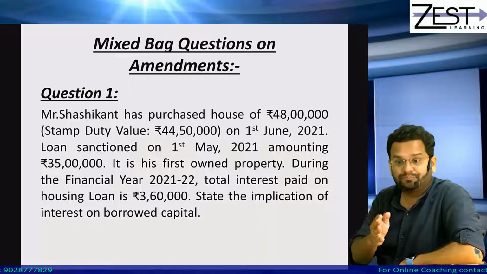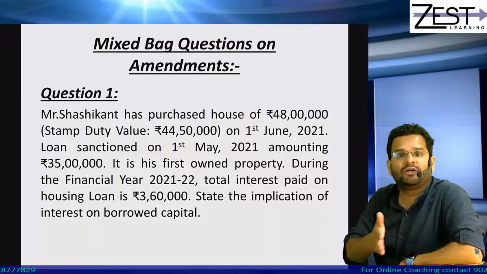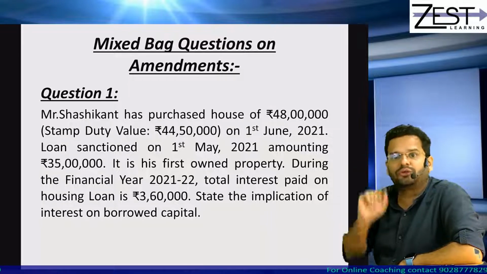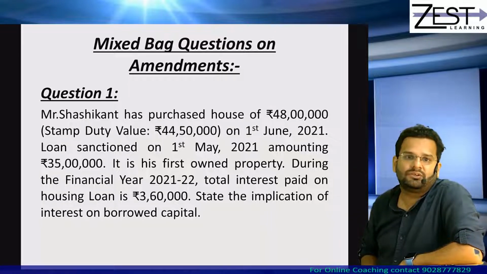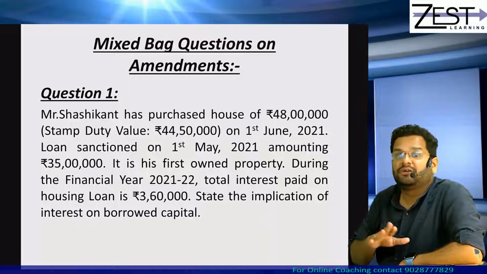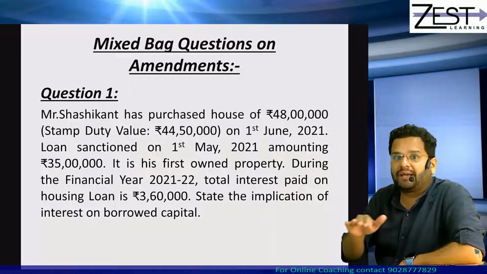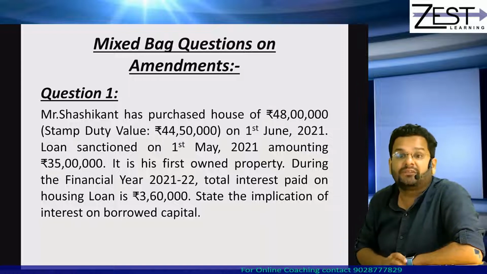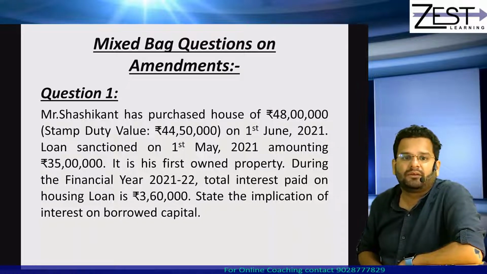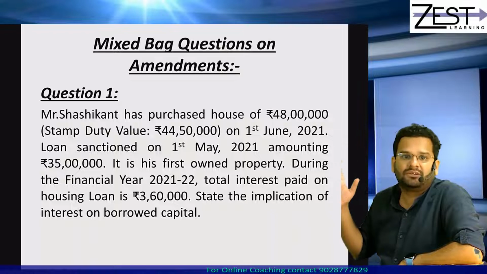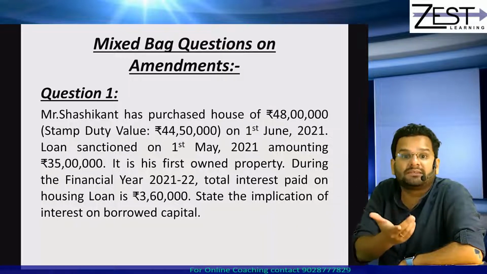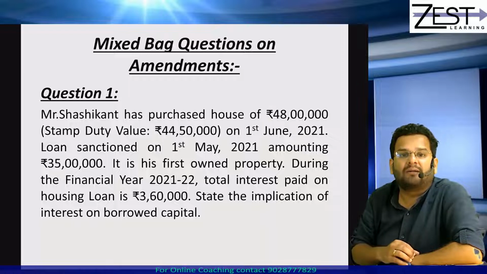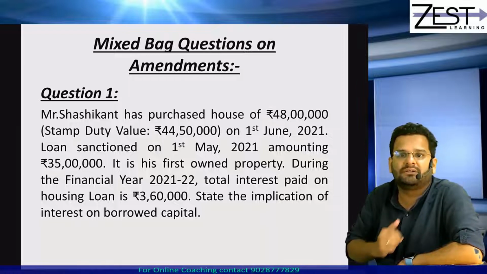You know, ceiling limit for deduction under 24B, interest on borrowed capital, is 2 lakh rupees. If I take only 2 lakh as deduction, then the balance is 1,60,000. In spite of paying that, I am not eligible for any deduction, isn't it?